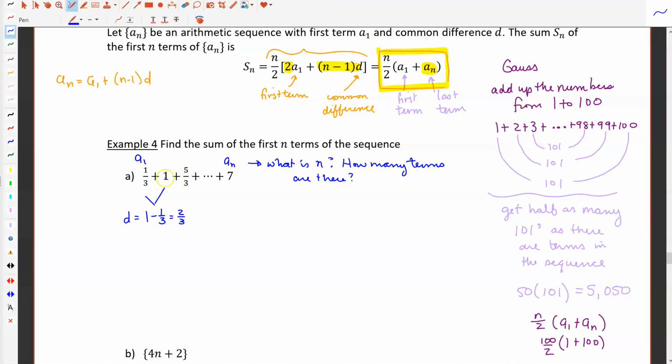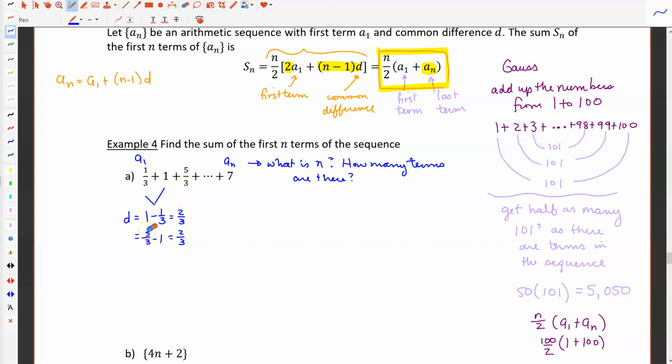If I subtract the next two terms, 5/3 minus 3/3, I also get 2/3. So I only have two pairs here, but we can assume that if the difference from the first to the second is 2/3, and the difference from the second to the third is also 2/3, that pattern is probably going to continue. So this is going to be an arithmetic sequence.